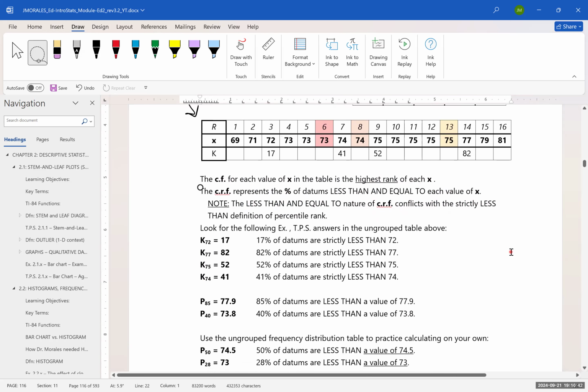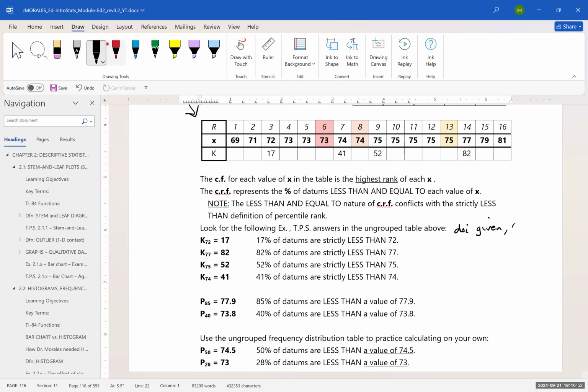Now, this was the example where the datum of interest was given, and we needed to calculate the percentile rank. But we also had to switch that around to where we were given the percentile rank, and we had to calculate the datum of interest that goes with it.